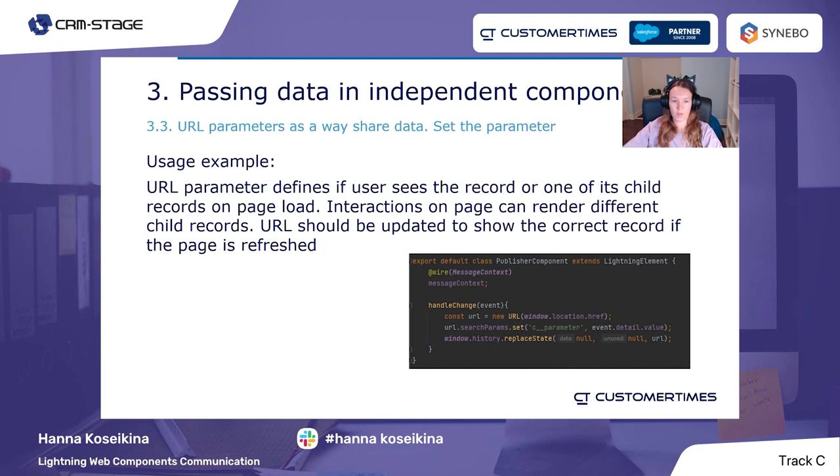And to do that, we use just this simple way. We get the URL which we have, we set the parameter, and then we do window.history.replaceState, where we replace the URL with the changed URL parameter.